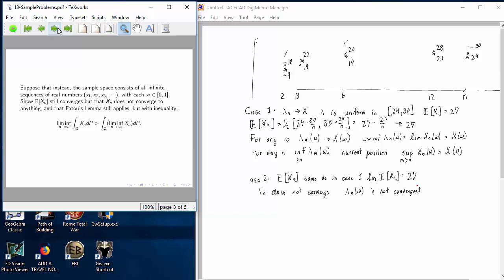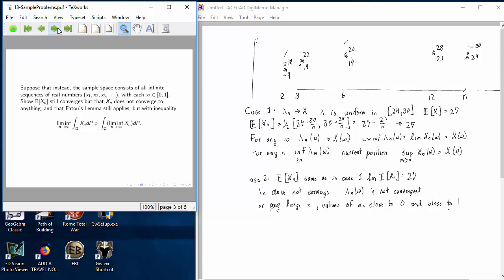For any value of n, and let's think about what happens when n gets large. Let's think about just for large n, there will be values of x sub n close to 0 and close to 1.